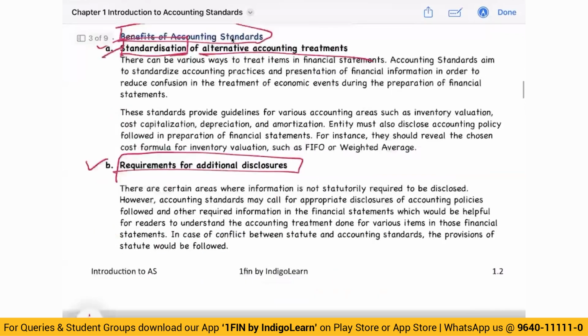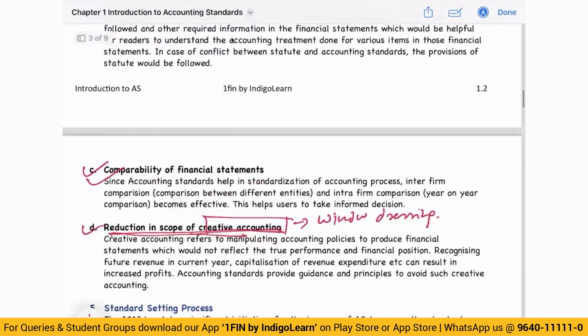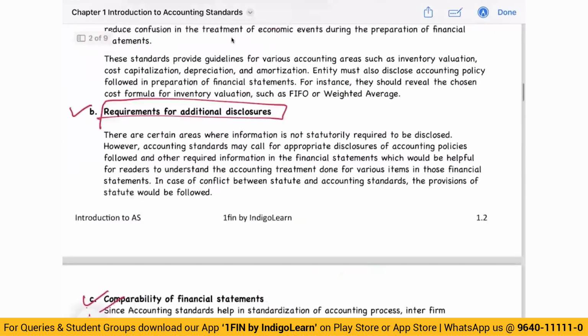All right. So when you get a benefit question in the examination, please remember standardization and comparability. That is there in almost all the points. So standardization, comparability, the two things. Then reduction in scope of window dressing and additional disclosures if at all required.